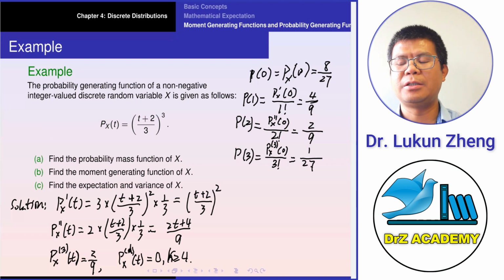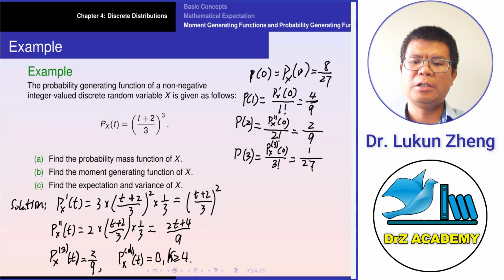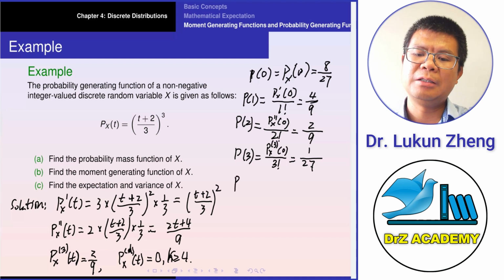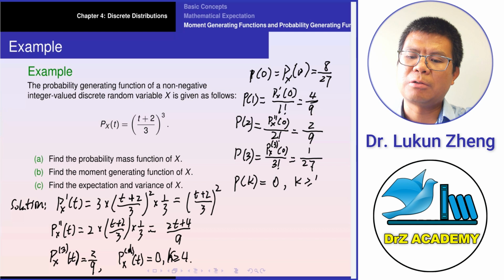I believe so, yes, that's right. And for all others, k greater or equal than 4, they're all 0.